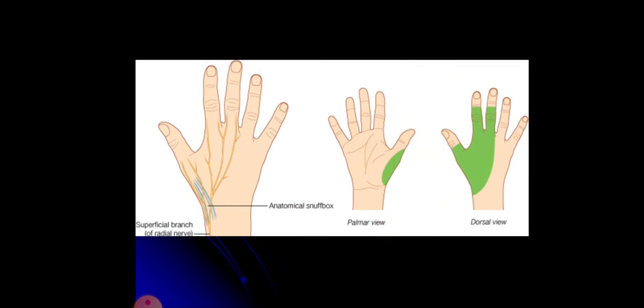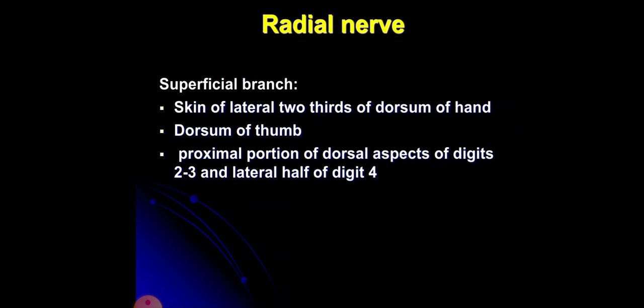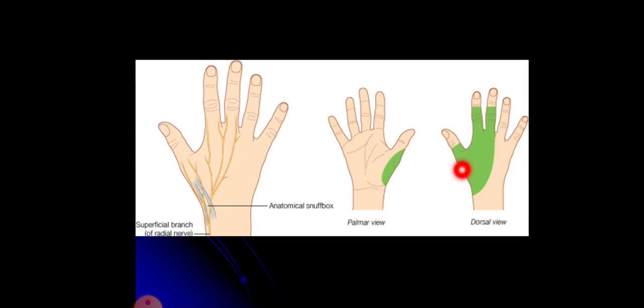Regarding the radial nerve, under cover of brachioradialis in the upper part of the forearm it divides into a superficial branch and a deep branch. The superficial branch is cutaneous and responsible for innervation of the lateral 2/3 of the dorsum of the hand and 3.5 fingers.